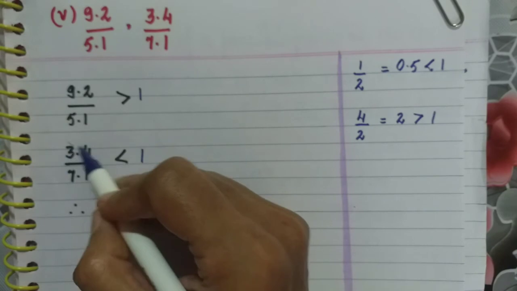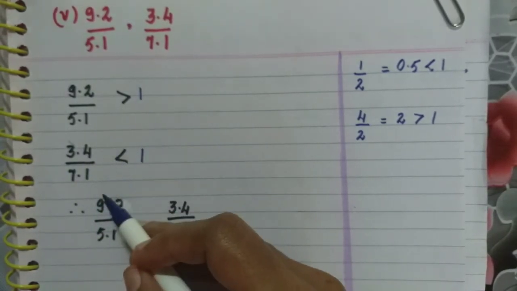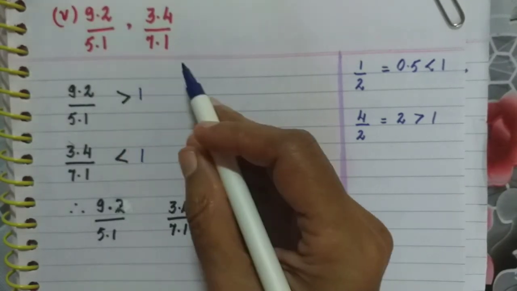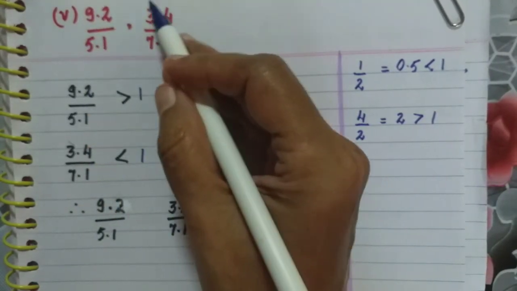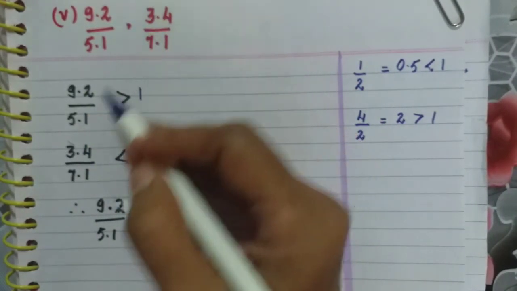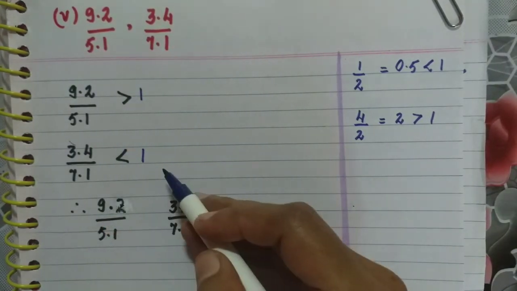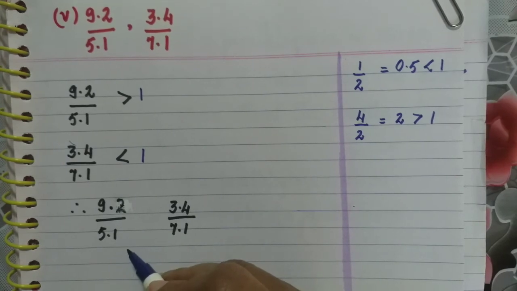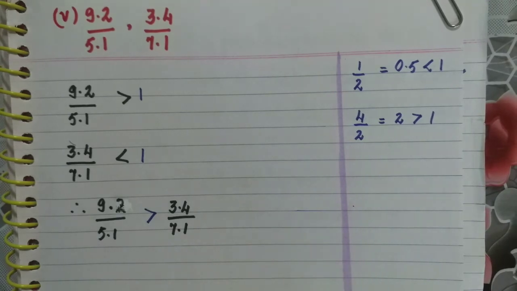So, if 9.2 upon 5.1 is greater than 1, and 3.4 upon 7.1 is lesser than 1, which ratio will be greater? Obviously, the first ratio will be greater than the second ratio, because the first ratio is greater than 1 and the second ratio is lesser than 1. So, we write 9.2 upon 5.1 is greater than 3.4 upon 7.1.